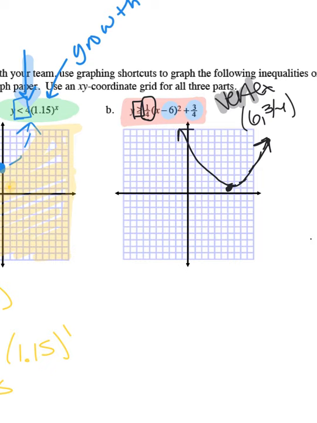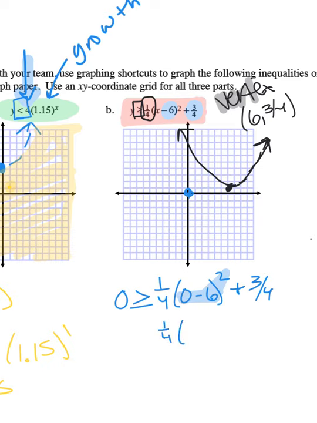And then I can pick any coordinate to test either inside or outside of the parabola. I'll pick 0, 0. Is 0 greater than or equal to 1/4 times 0 minus 6 squared plus 3/4? Okay. 0 minus 6 squared is my first step with order of operations. So that would give me 36. So I have to do a fourth of 36, and then plus 3/4.